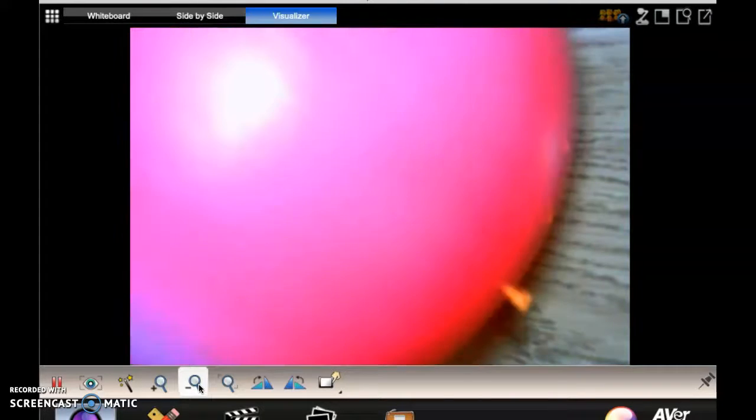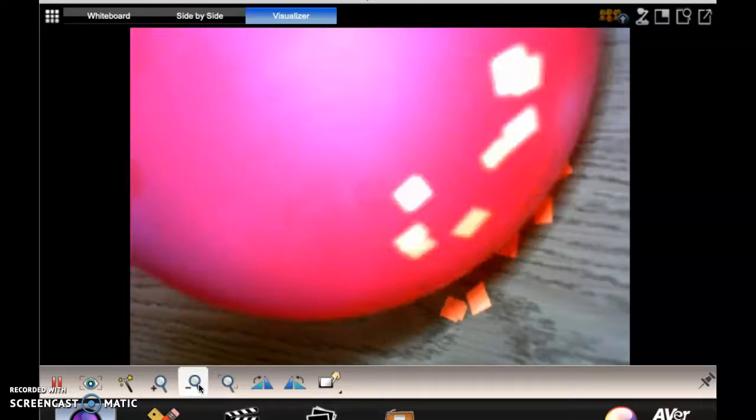Should be enough. Then we'll bring this down here, and then you can see the balloon attracts the confetti. So that's kind of fun also.